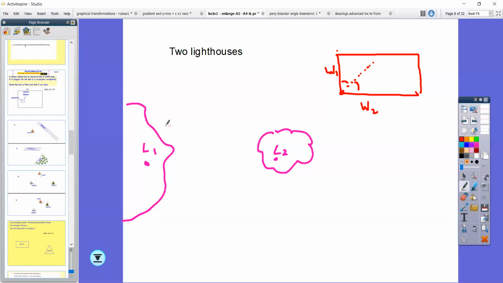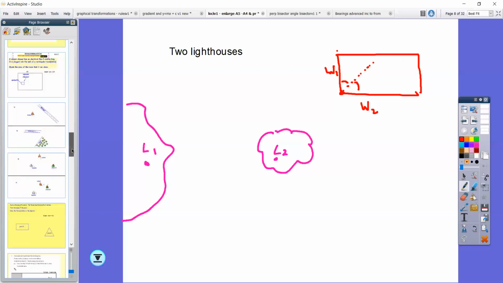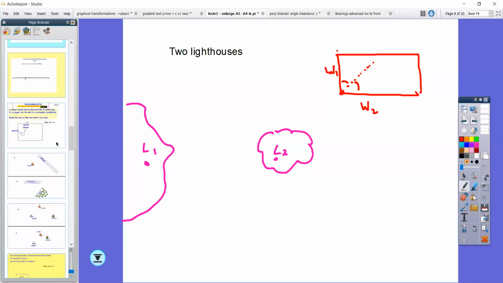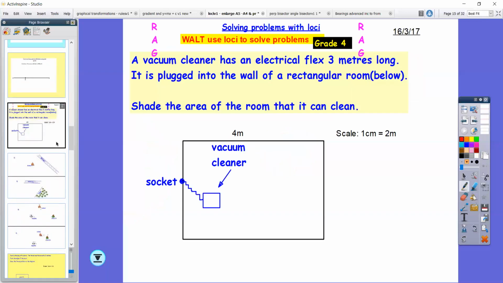Okay, so then start with a little starter problem. And you can make these up. I've got these from textbooks and my own ideas and SATs papers. That's pretty much my source of resources here. I do find that most of the textbooks struggle to give you something to do.